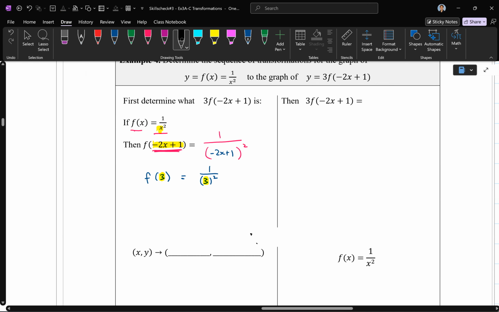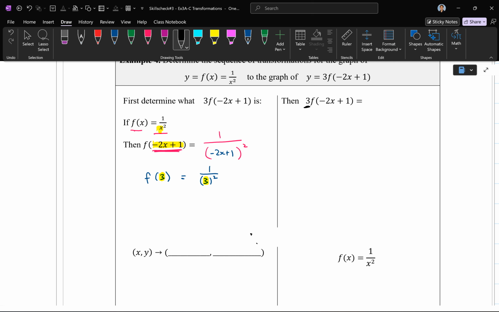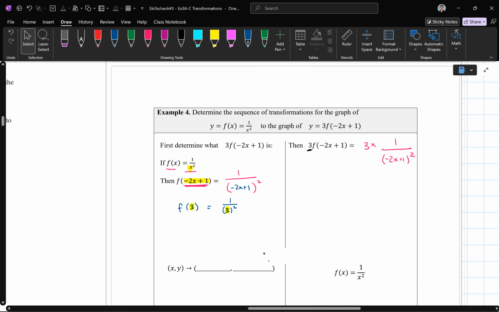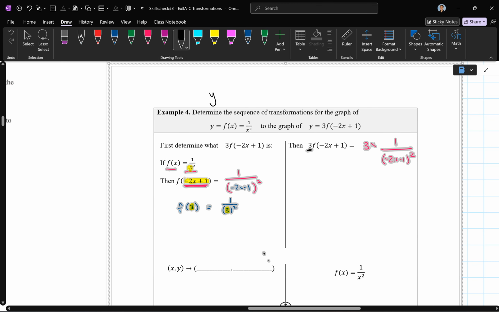Okay? The second part is, if you had to read the transformation, which we'll work out soon, but here, when you say 3f of negative 2x plus 1, this is what negative 2x plus 1 looks like. When I'm putting a 3 in front, this just changes it to 3 times 1 over negative 2x plus 1 squared. Can you see what I'm doing there? So what they're trying to say at the end of the day, they're saying this is your original function, y equals 1 on x squared.